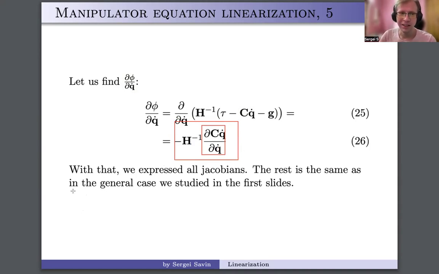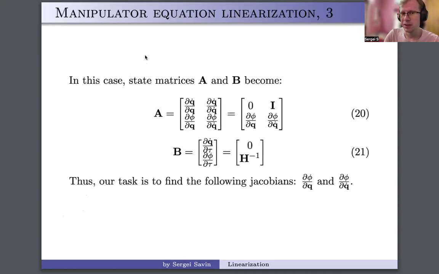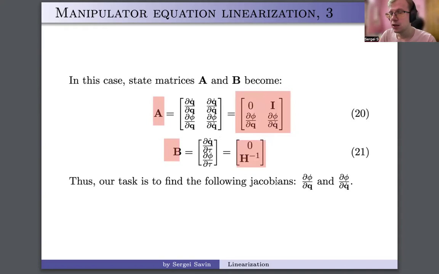Okay, that is it. That is how this differentiation is done. Let me check this last slide, so let me summarize. When you are going to work with mechanical systems, your A matrix would look like this. Your B matrix would look like this. It is possible that you would also have an additional matrix which would come from having underactuated systems or something.